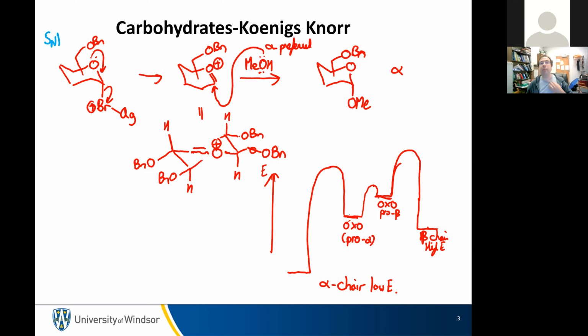Yeah, I can live with that. So these 2 can switch back and forwards. Those are the twist chairs. They can flip back and forwards to react. But the one that leads to the alpha chair needs to overcome a lower energy barrier to get to the alpha chair, which is also more stable than the one that leads to the beta chair. So alpha tends to form over beta for this reason.